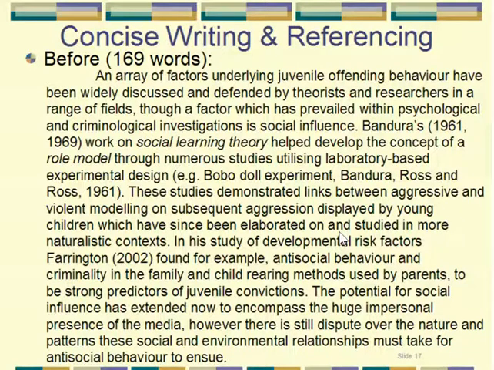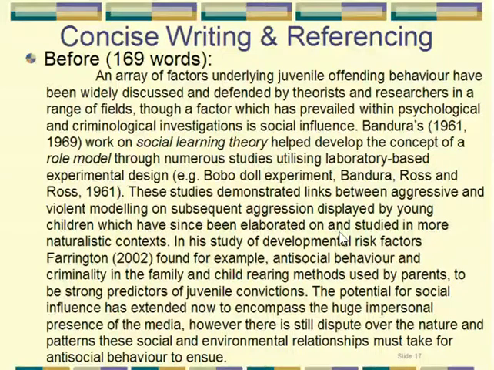It's very long and is definitely not concise, and many references are missing. Let's start with: an array of factors underlying juvenile offending behavior have been widely discussed and defended. Why discussed and defended? By theorists and researchers.